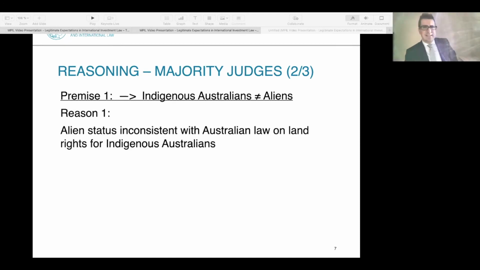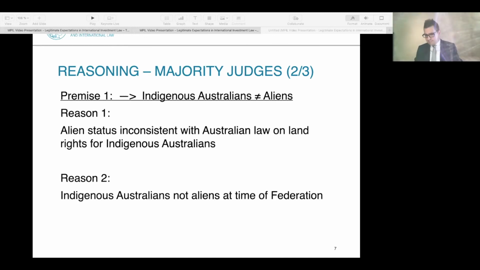The first one is this: if we tell Indigenous Australians that they are aliens under the Australian Constitution, that is inconsistent with their rights under Australian law with regard to what we call native title, their land. You can see how that argument works, because if you are an alien, you are subject to deportation. You can't enjoy your land rights if you're outside of the country. So that's reason number one.